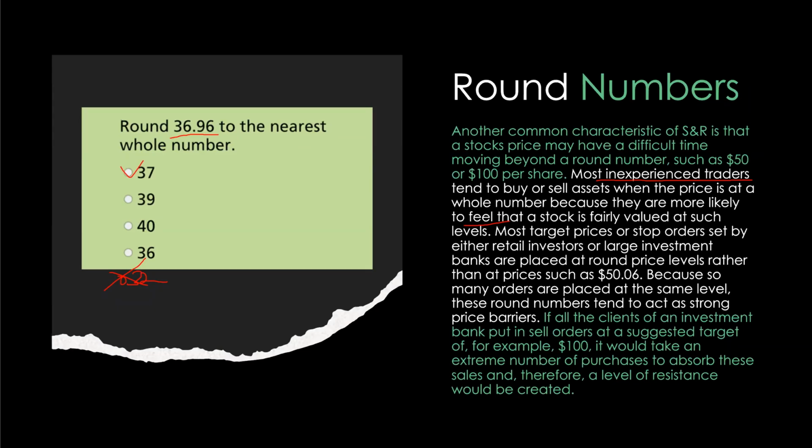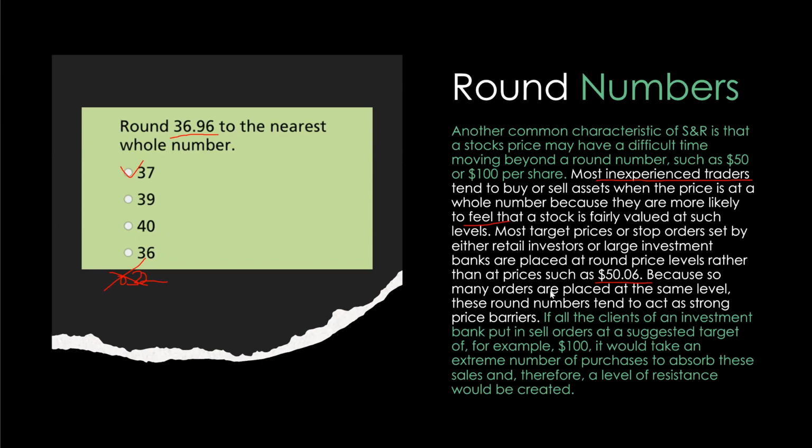Most target prices or stop orders set by retail investors or large investment banks are placed at round price levels, because $50.06 just doesn't sound as appealing as $50. It's just human psychology.